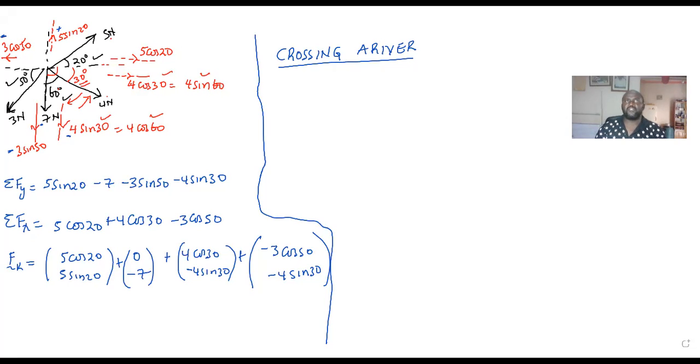So when crossing a river, you need to take into account where the river comes from and where it heads. And as it moves, there are certain conditions or cases which you can use to cross the river. So we have definitions.